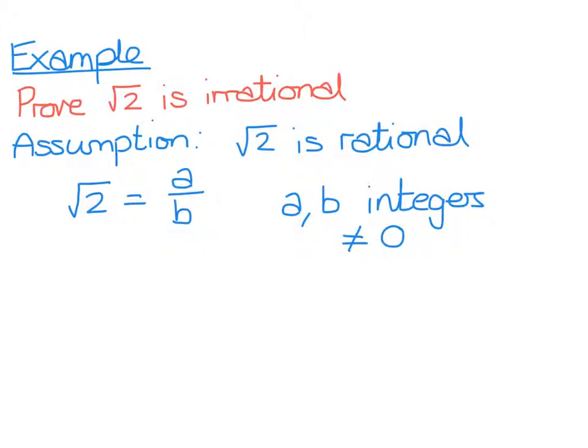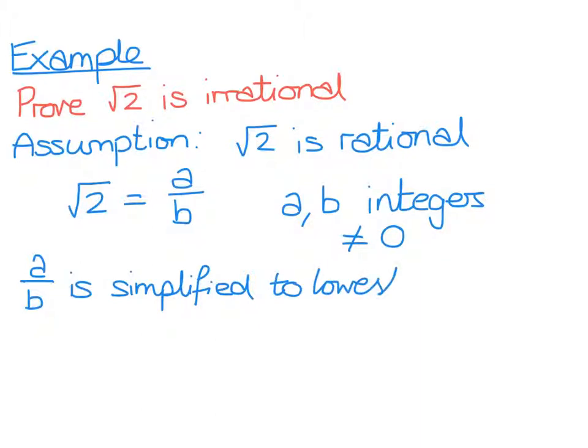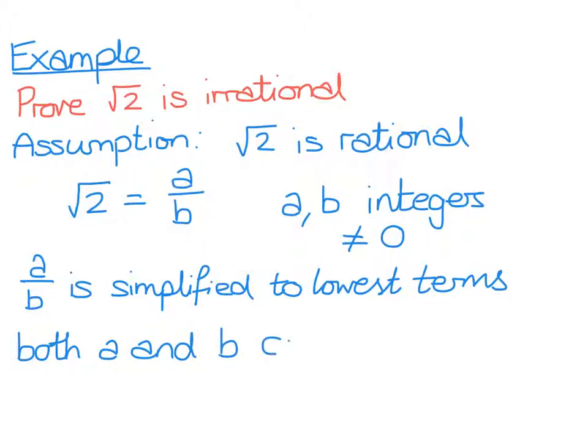We also can assume that a over b is in its simplest form. So this means that both a and b cannot be even. So at least one is odd.